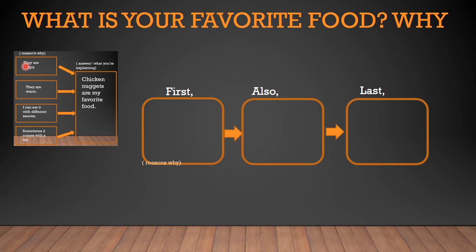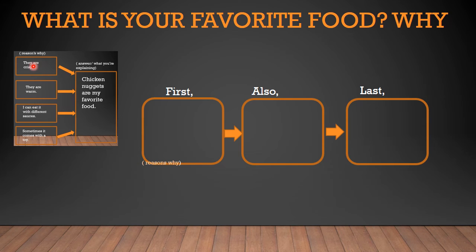So I have, they are crispy, they are warm, I can eat it with different sauces, and sometimes it comes with a toy. So I do really like the sauce and the toy part because I like toys, and you can't really eat all your foods with different types of sauces, so that makes chicken nuggets unique.